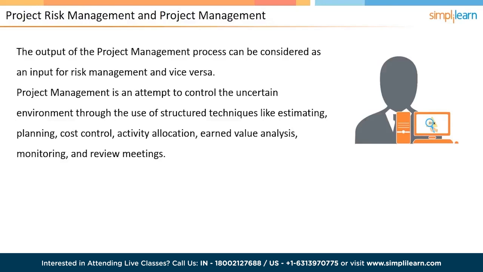Project risk management provides an approach by which uncertainty can be understood, assessed, and managed within projects. So, effective project management is a critical success factor for project success. Let us continue this discussion on project risk management and project management in the next screen.